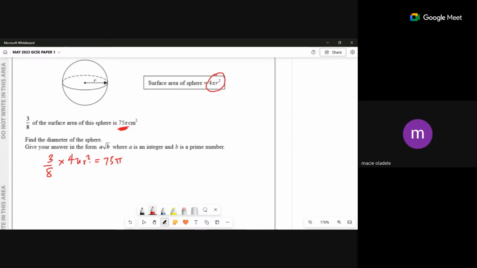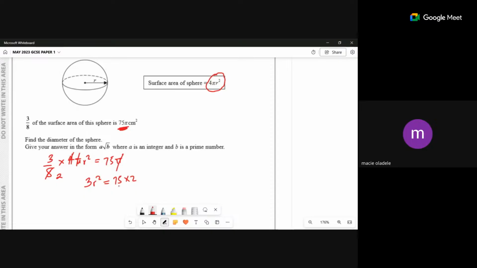75 pi centimeters squared. So pi cancels pi. 4 here 1, 4 here 2. So you have 3 r squared equals what? 75 times 2, right?